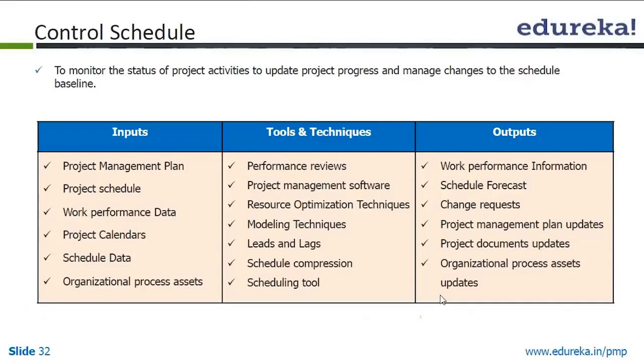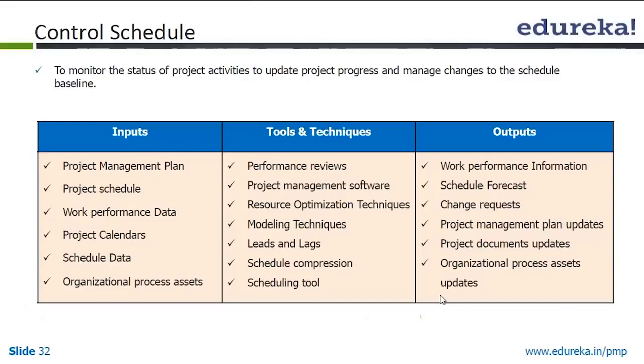So how do we do the controlling? We do performance reviews, like weekly, monthly, bi-weekly, all those project reviews as per the project's communication plan, whatever we have decided. We do the performance reviews and we document the data. Project management software is used to do that.